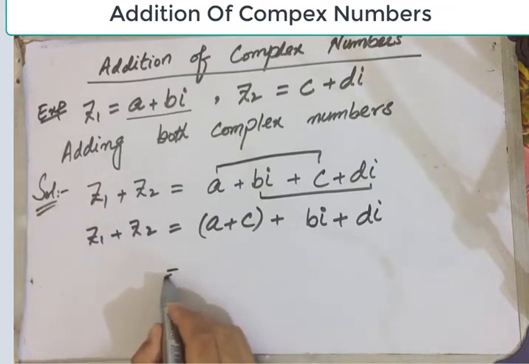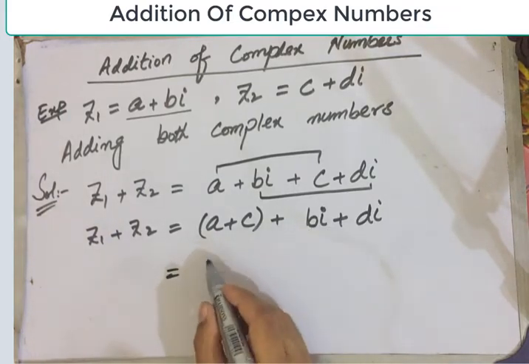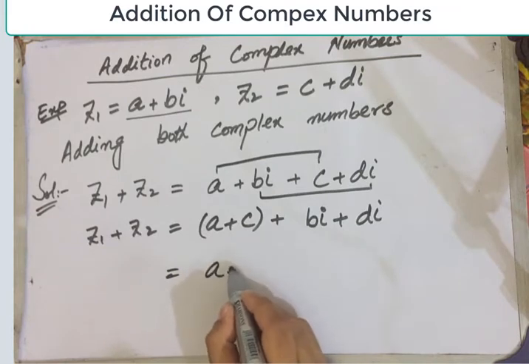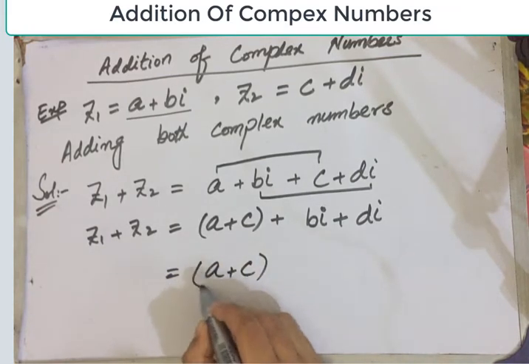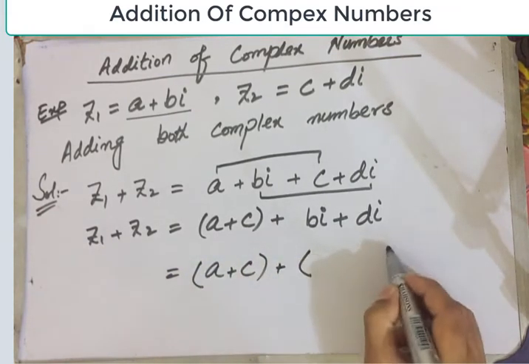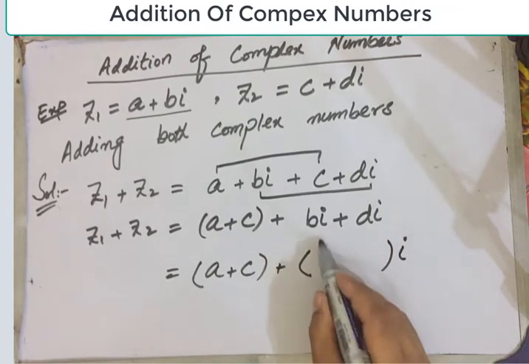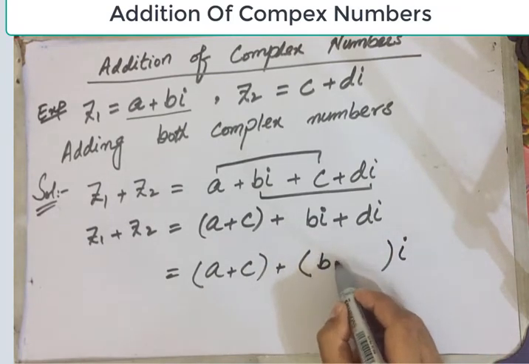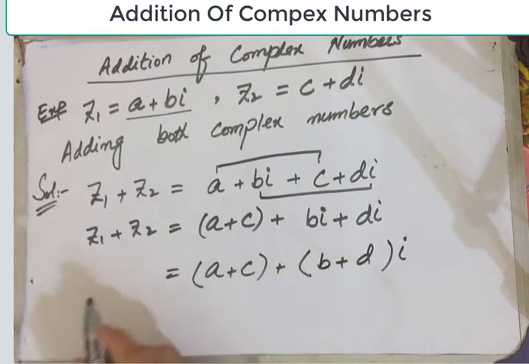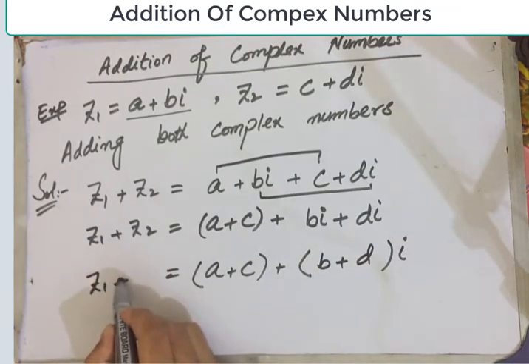Now we will take iota common from the imaginary part. The real part will be the same, a plus c, plus take common iota. So the remaining will be b plus d. z1 plus z2.